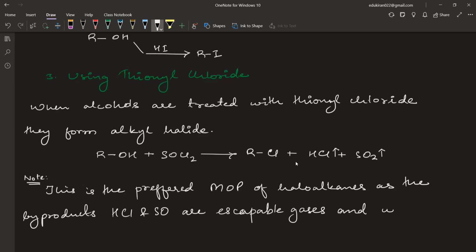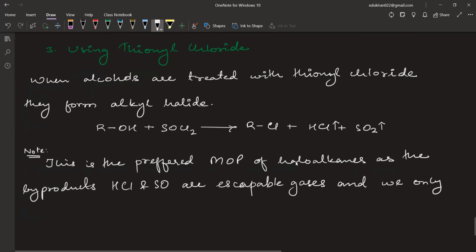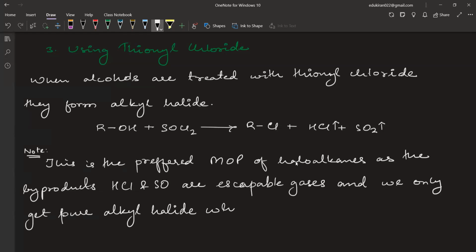And we only get pure alkyl halide, which requires no separation.